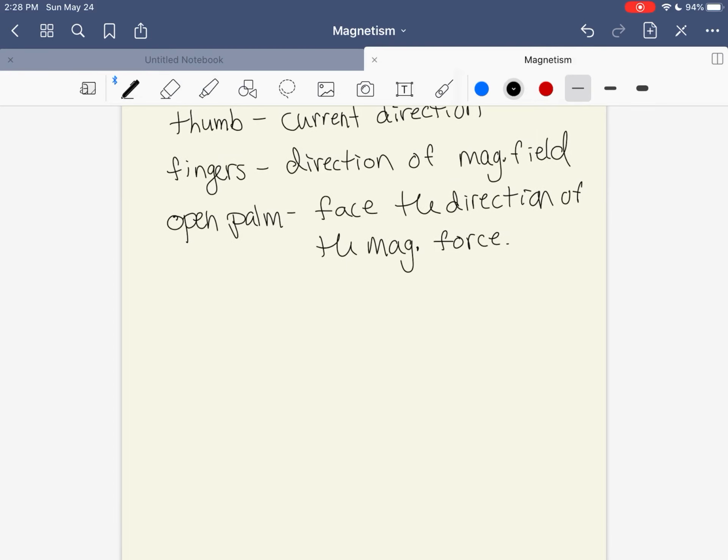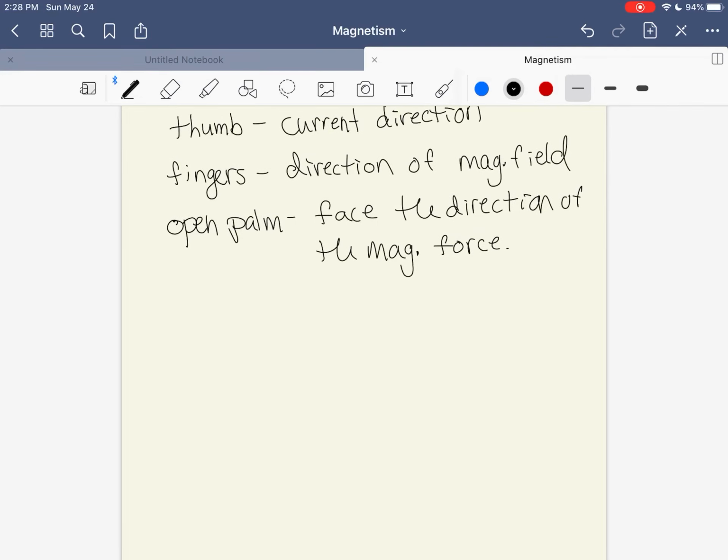All right, so we are going to draw an example of this. If we have 2 magnets interacting with each other, we have one magnet on the bottom where the North Pole is up, and a magnet on the top where the South Pole is down.